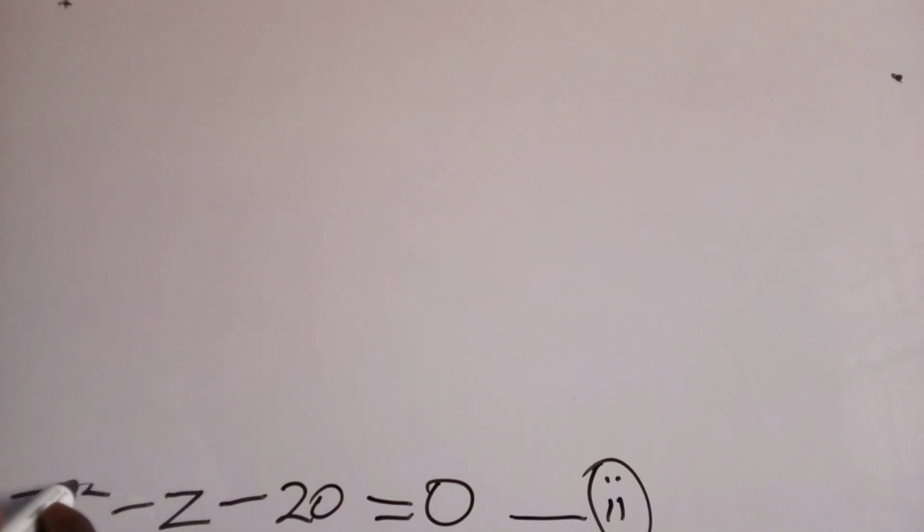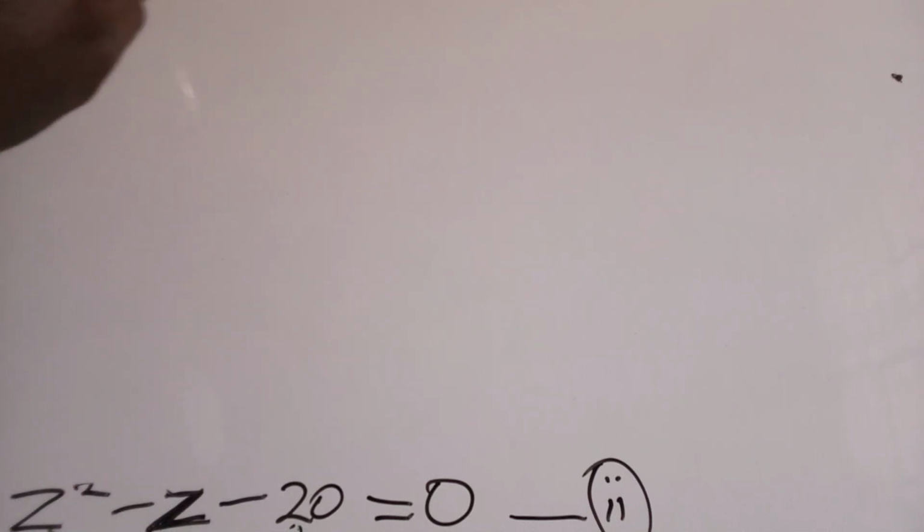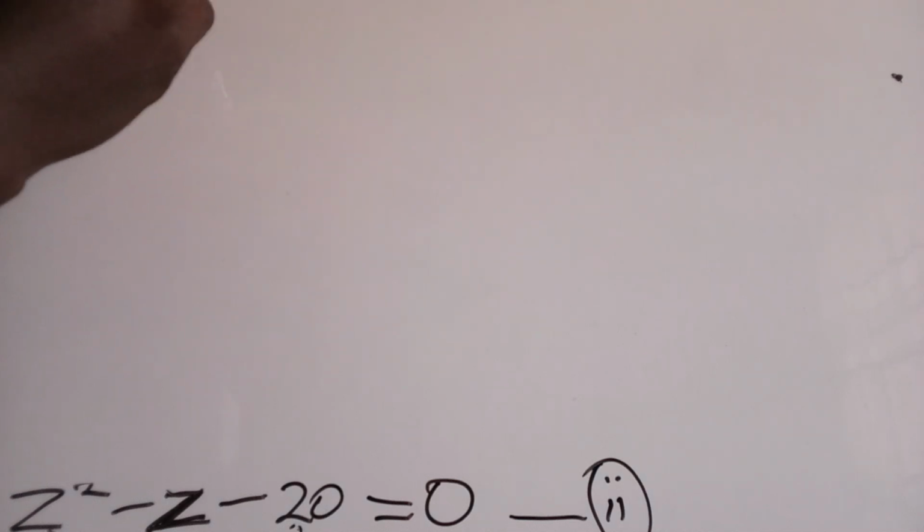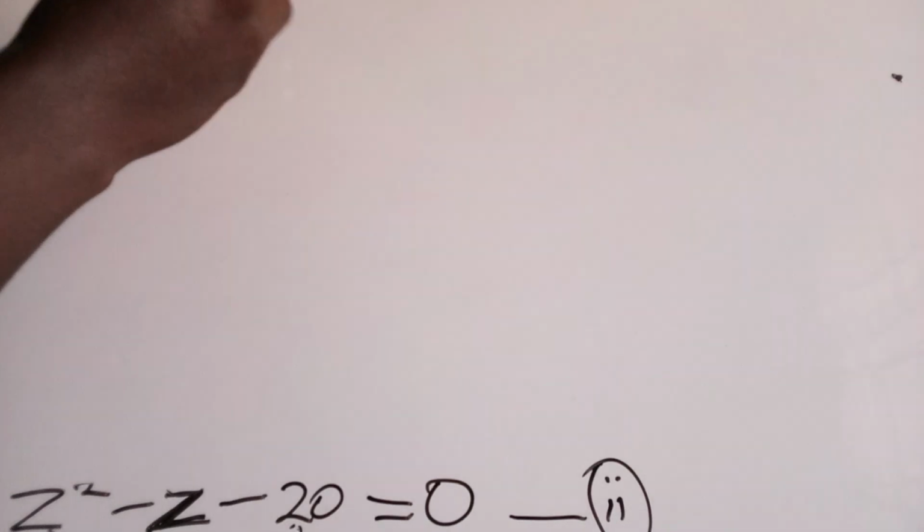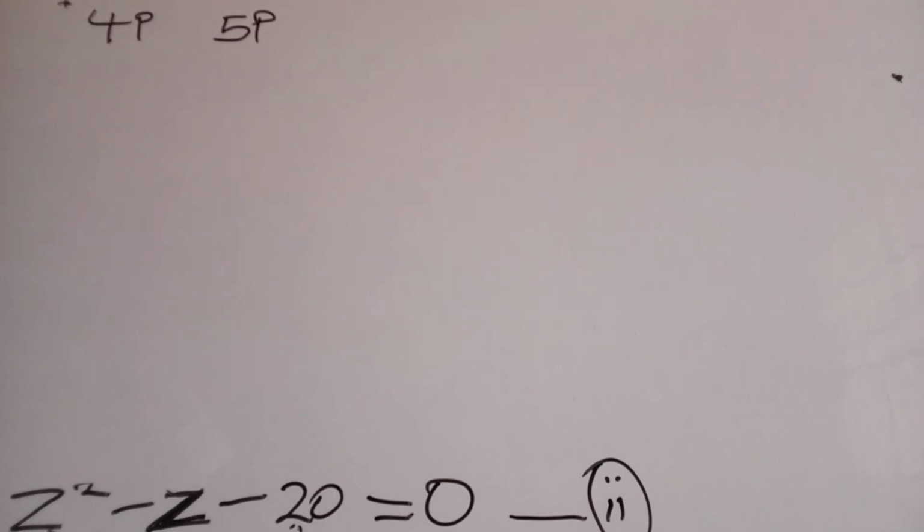So we're going to find the factors which will give us minus 20z square when multiplied, and if we add them together, give us minus z. Those factors are 4 and 5, so this one will be minus 5.